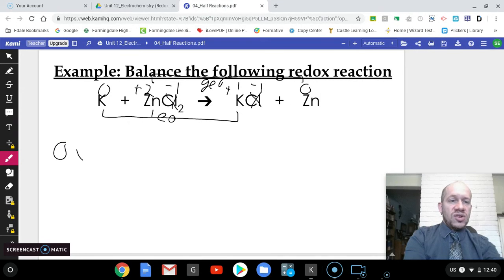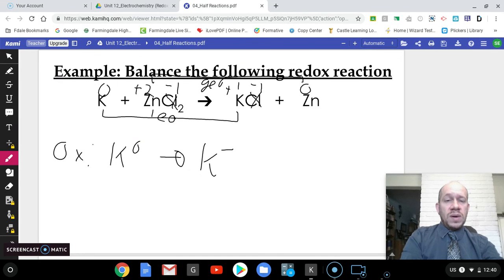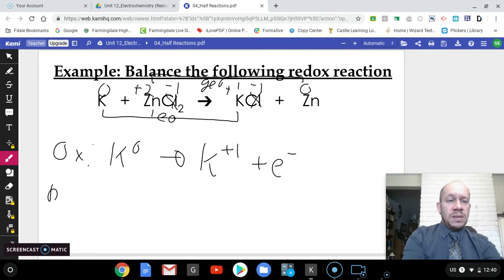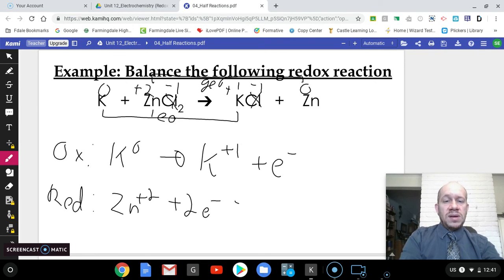So my oxidation half reaction will be potassium. It will lose 1 electron to become potassium ion. My reduction will be the zinc ion gaining 2 electrons, and it will become zinc metal.